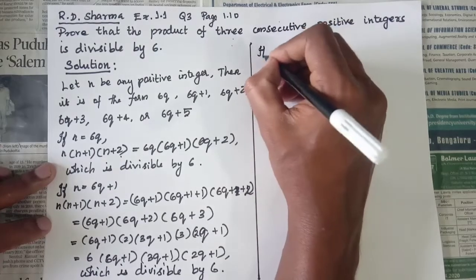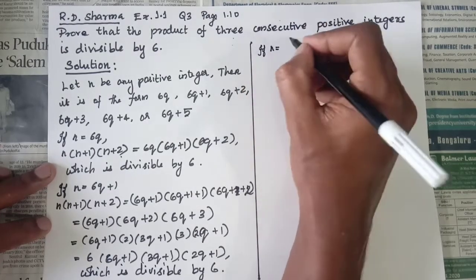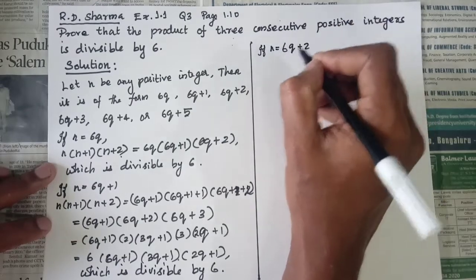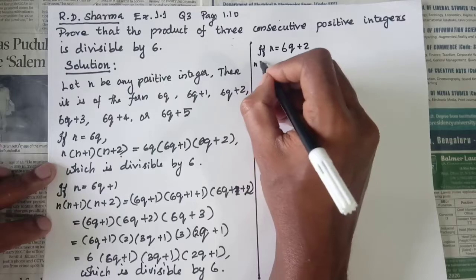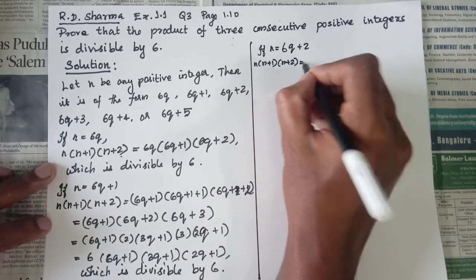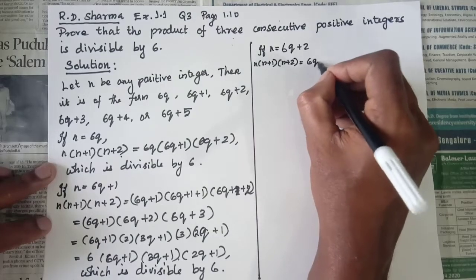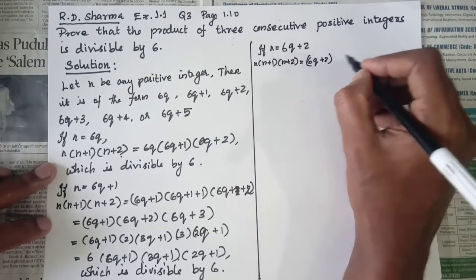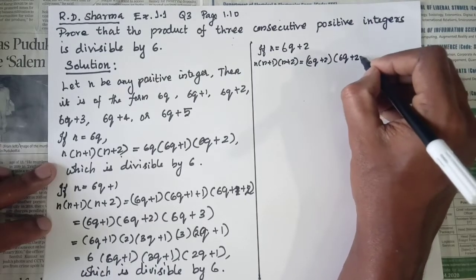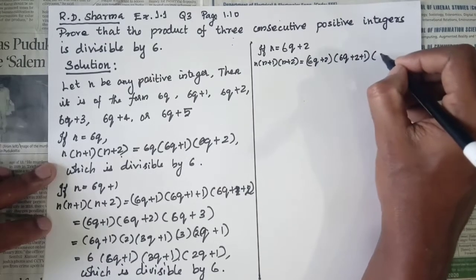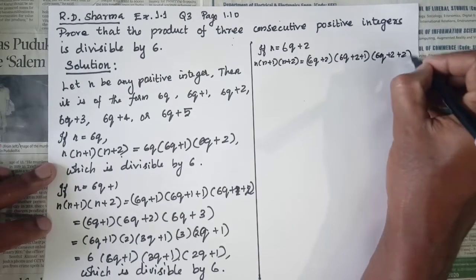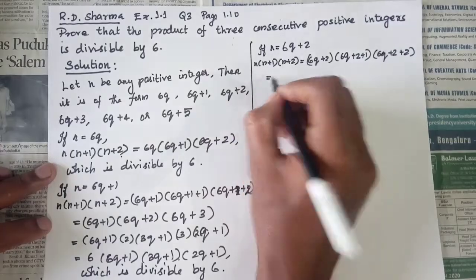Let us take now the third case, if n is equal to 6q plus 2. So n into n plus 1 into n plus 2 is equal to 6q plus 2 into 6q plus 2 plus 1, into 6q plus 2 plus 2. Now let us simplify this.